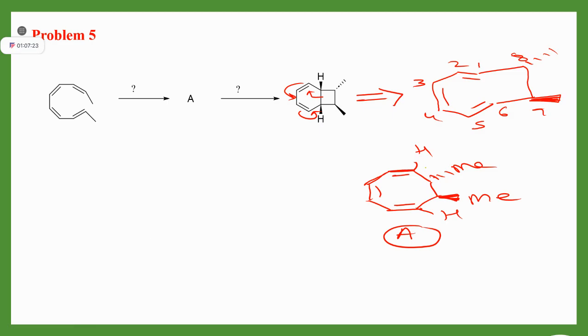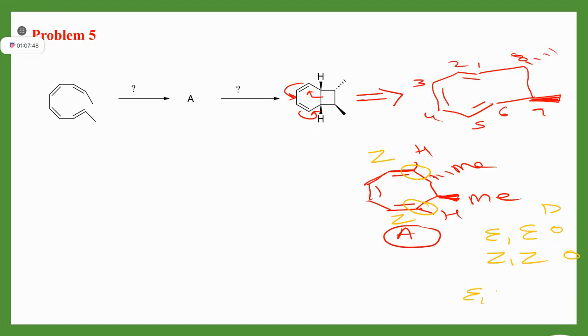Since your reacting partners are these, you just have to look at the configuration of these two olefins. This is your Z olefin. This is also your Z olefin. Correct? I have told you in earlier slides, if the reacting olefins are E,E or Z,Z, the direction of substituents is opposite.